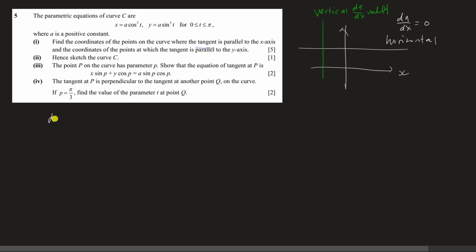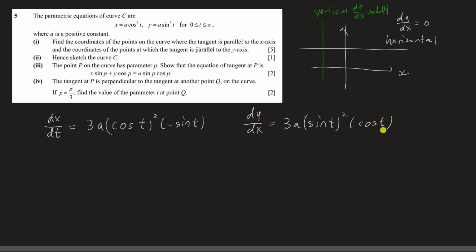So let's go. dy/dx, you need to find dx/dt first. 3a cosine t to the power 2, differentiate the inside, I will get negative sine t. dy/dt would be 3a sine t to the power 2, differentiate inside, cosine t. Take this, oops, this is a t by the way.